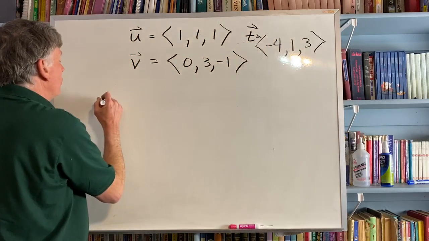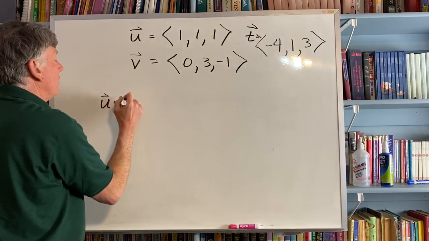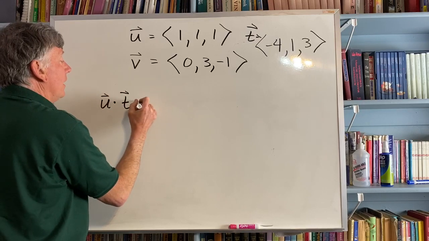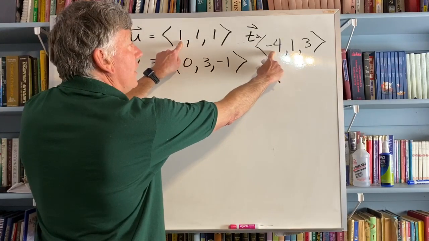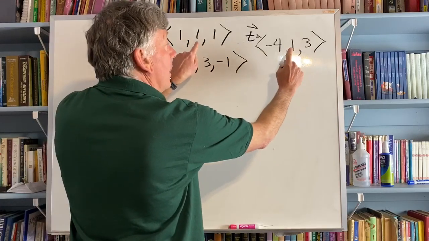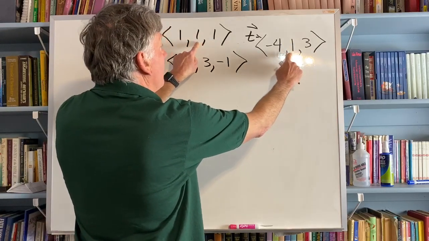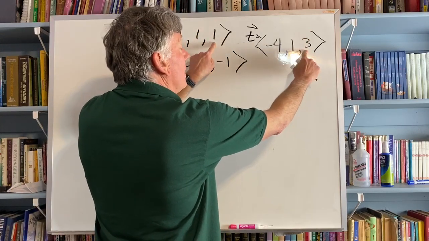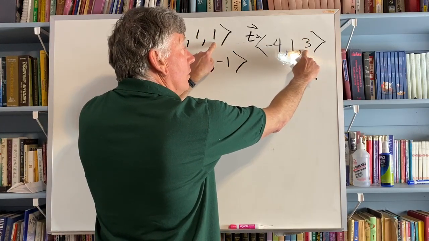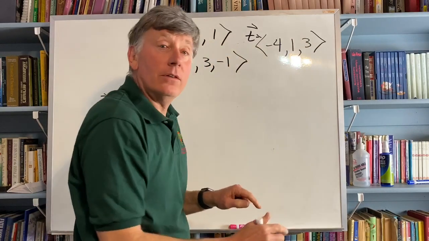So I'm going to do u dot t. If you remember, that's equal to the components of the i multiplied together, plus the components of the j multiplied together, plus the components of the k unit vector multiplied together.